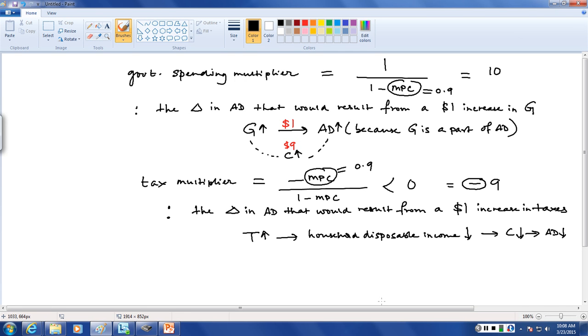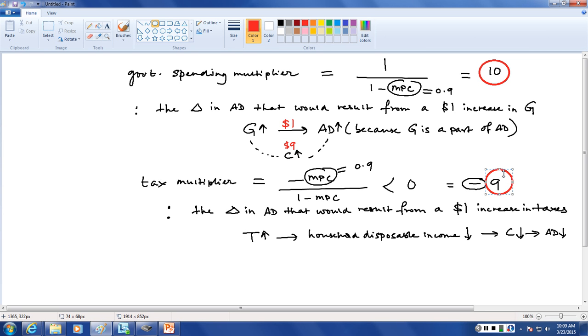Right? Now, one thing that you will notice is that the tax multiplier is a weaker multiplier than the government spending multiplier. And you can see this right away with the values that we have here. With an MPC of 0.9, the government spending multiplier is equal to 10. The tax multiplier, on the other hand, has an absolute value of 9. It's a weaker multiplier.